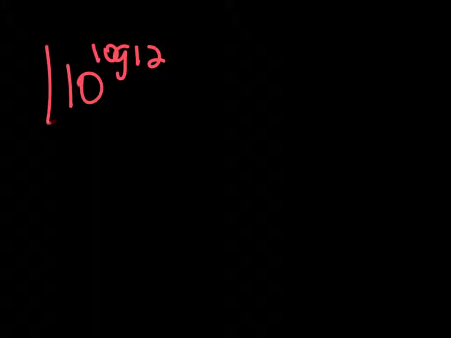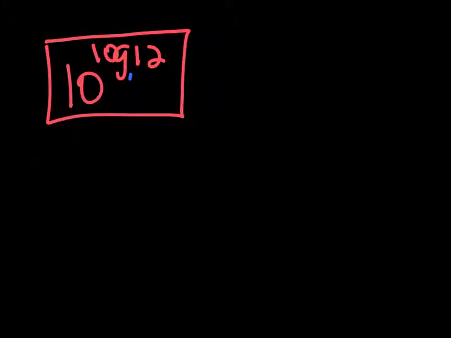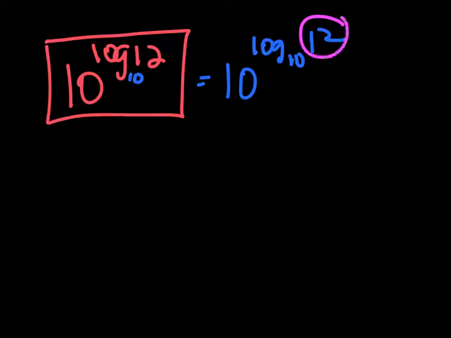Okay, next one, if I have 10 to the log of 12, again, it's understood that the subscript base is 10. So if I have 10 to the log base 10 of 12, as long as my two bases are the same, my answer is 12.